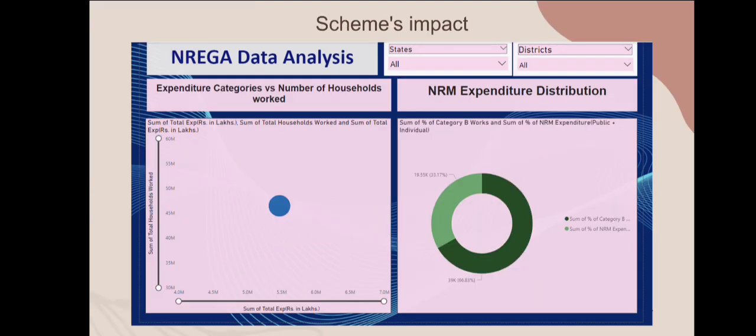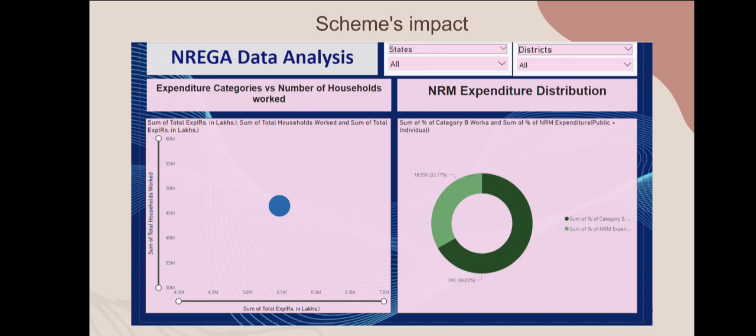The next KPI is on scheme's impact. Here we have used two visuals. The first visual is a scatter plot based on expenditure category versus number of households worked. And the next visual is based on NRM expenditure distribution. Here we have used pie chart for the sum of percentage of category B works and the sum of percentage of NRM expenditure.